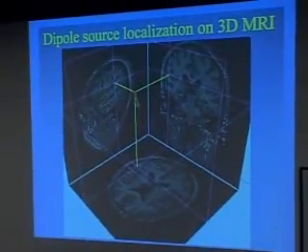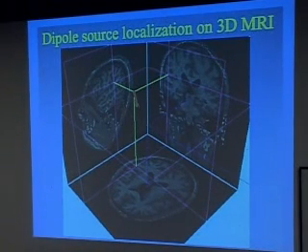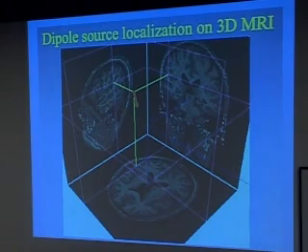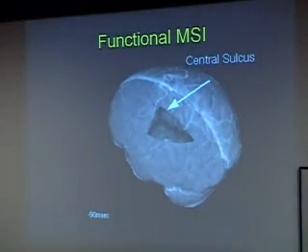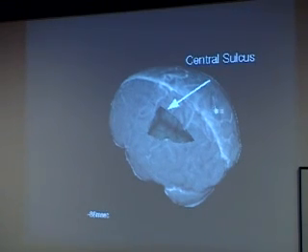Similarly, with the MEG, the localization of the dipole can be projected onto a 3D MR and give us magnetic source imaging information. Some of the work that's done at Sick Kids here is now applying this to functional information.